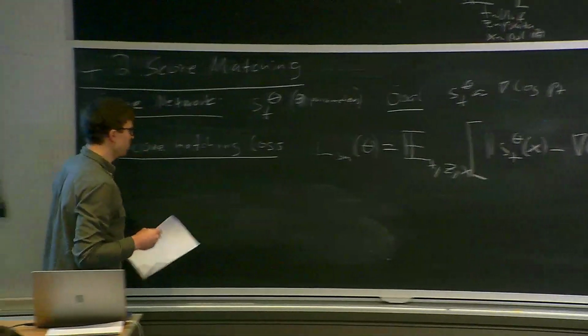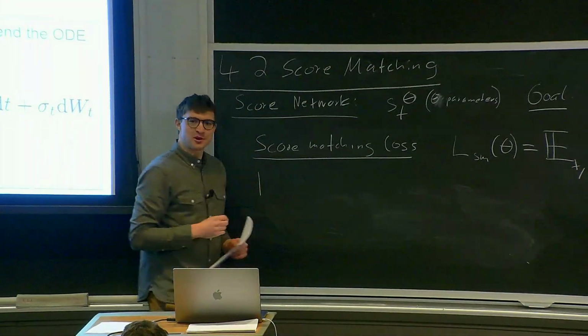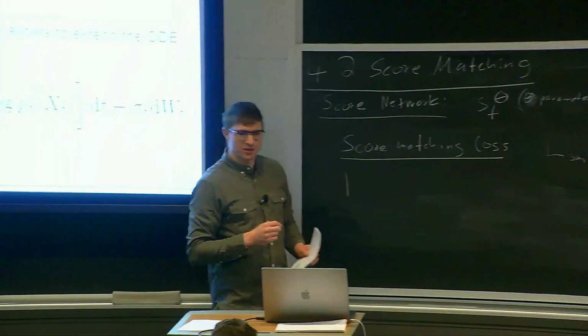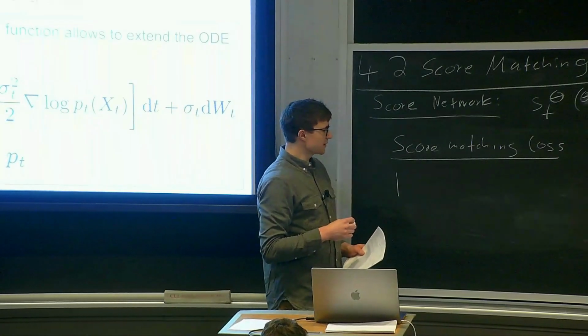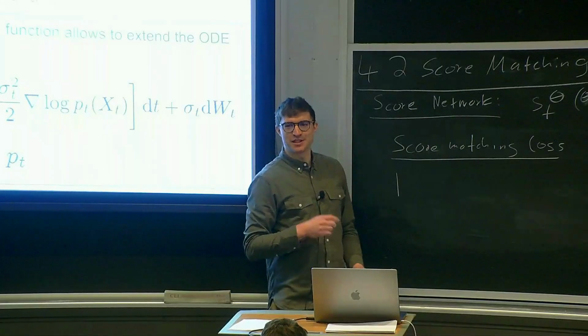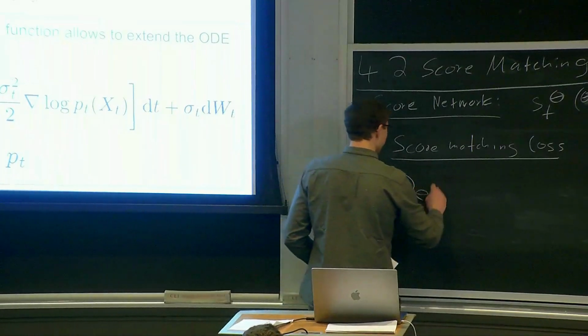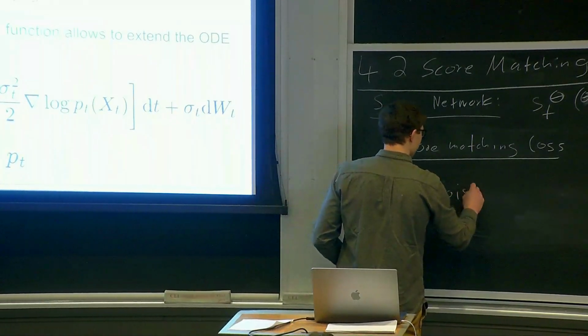So in the same way, we have a mean square error. And then now I'd like to call this the conditional score matching loss. But unfortunately, people don't call it that way. They call it the denoising score matching loss. So just keep in mind that it's an equivalent thing, but with a slightly different name.